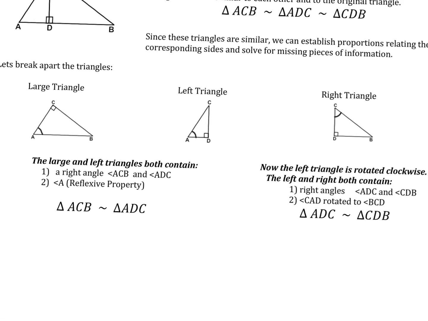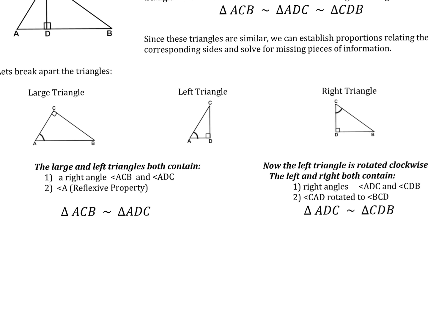This is something in high school geometry that you do as proofs to prove different things. So this would be examples of their steps for proving that these triangles are similar to each other, and it basically has to do with the angles being the same as each other. The right angle is a big help. We know the right angles are congruent to each other.